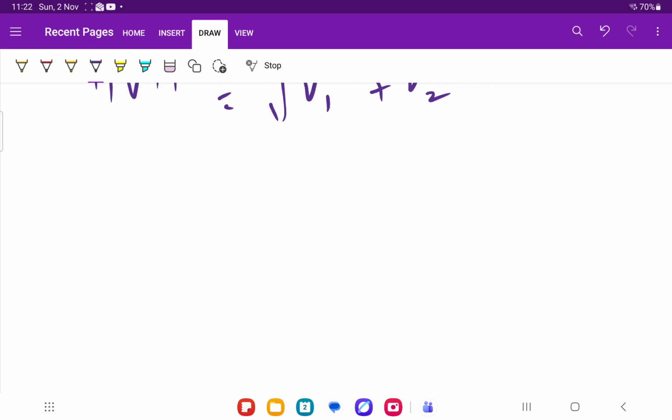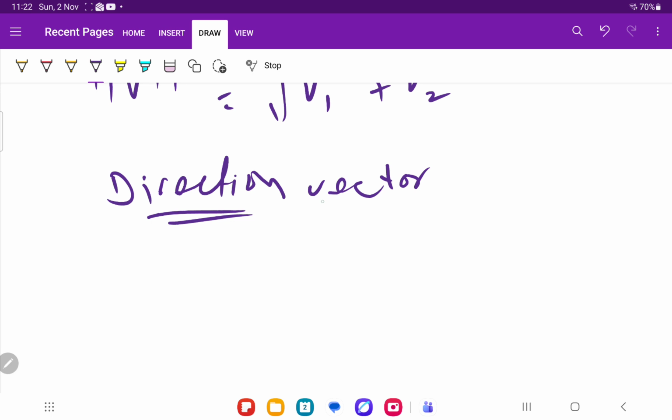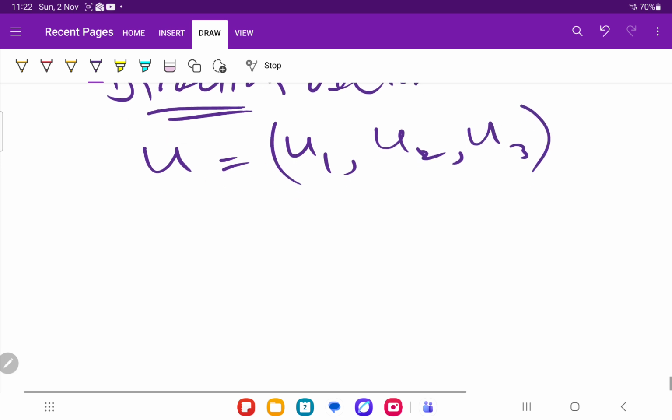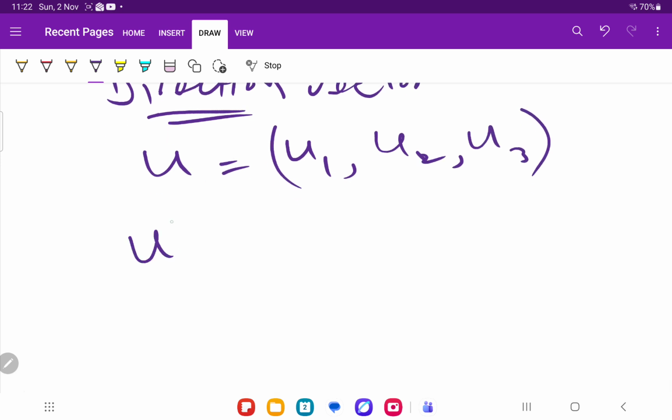So the first concept is the direction vector. So the direction vector will be denoted by, for example, if we have u which is u1, u2, u3, and we want to find the direction vector, the symbol will be u hat, okay.